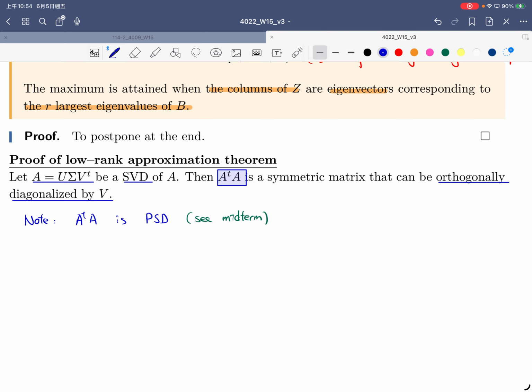So let its eigenvalues be lambda 1 up to lambda n. And it's positive semi-definite, so they are all greater than or equal to 0.